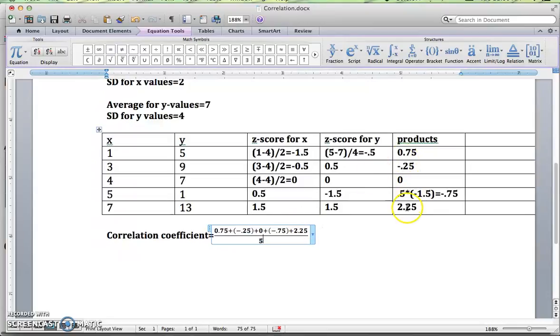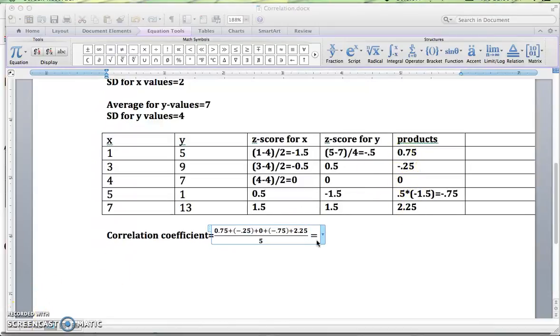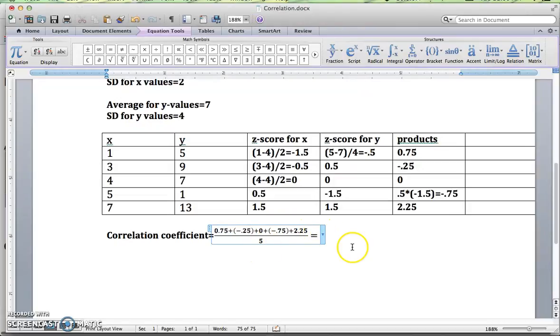Again, this is the average of all these numbers. And it turns out that if you add all these numbers and divide by 5, you can check on your calculator, but you get 0.40. And that is the correlation coefficient of this data set.